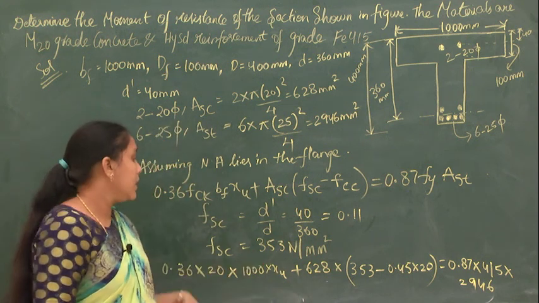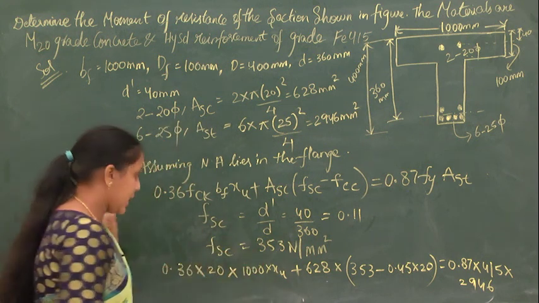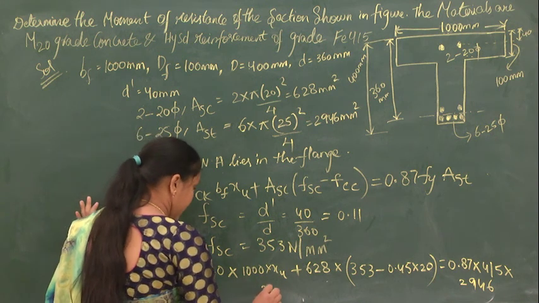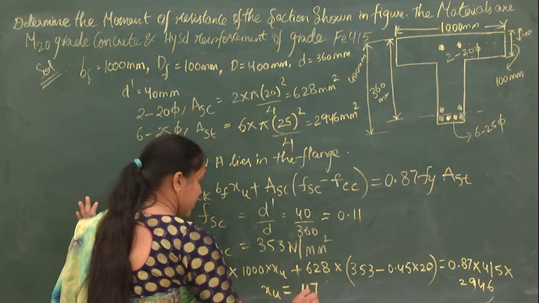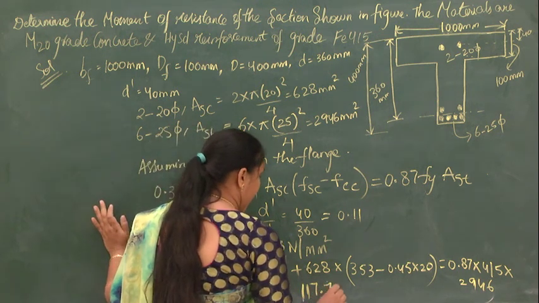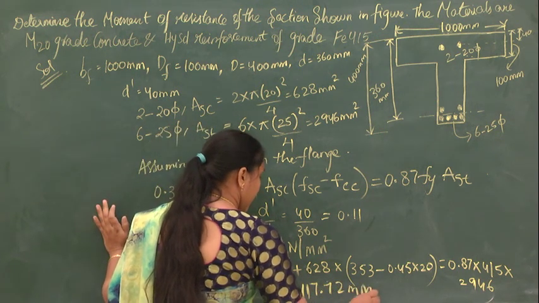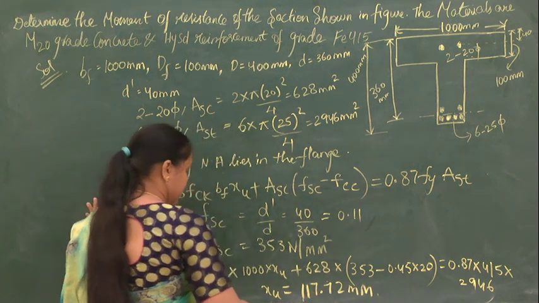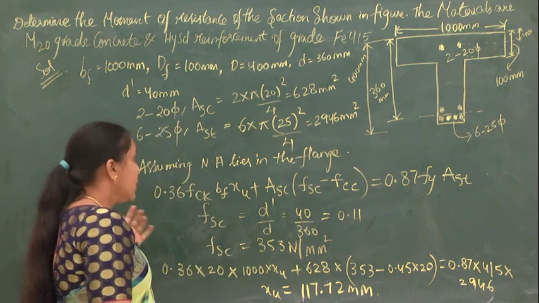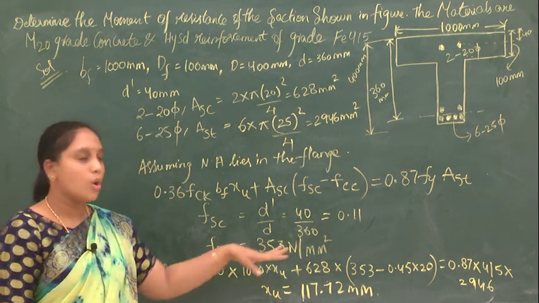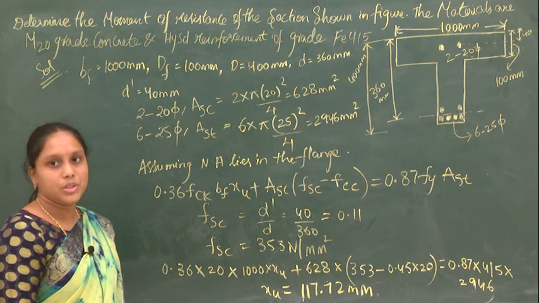So if you calculate this, you will get a value of XU equal to 117.72 mm, if you solve this particular equation.